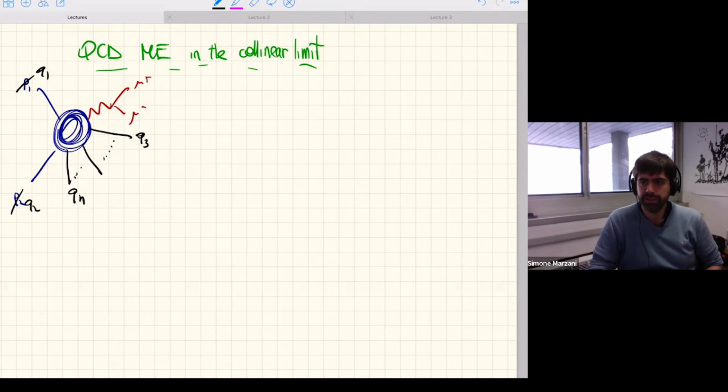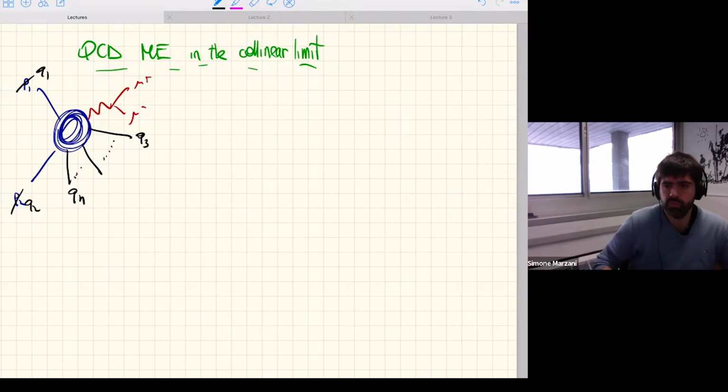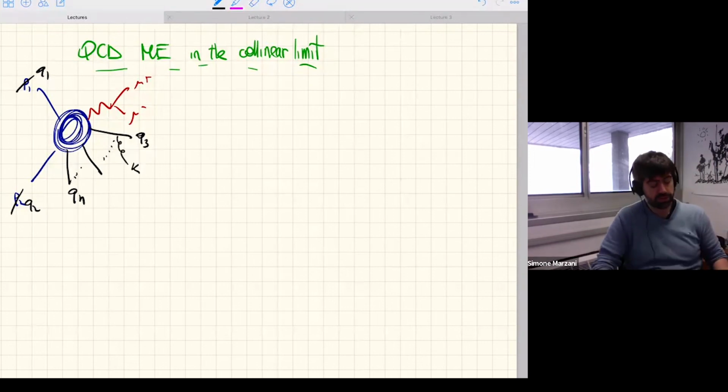Now, what happens in the collinear limit? What happens when two partons become close enough? Let's say that one of the partons emits a gluon with momentum k.